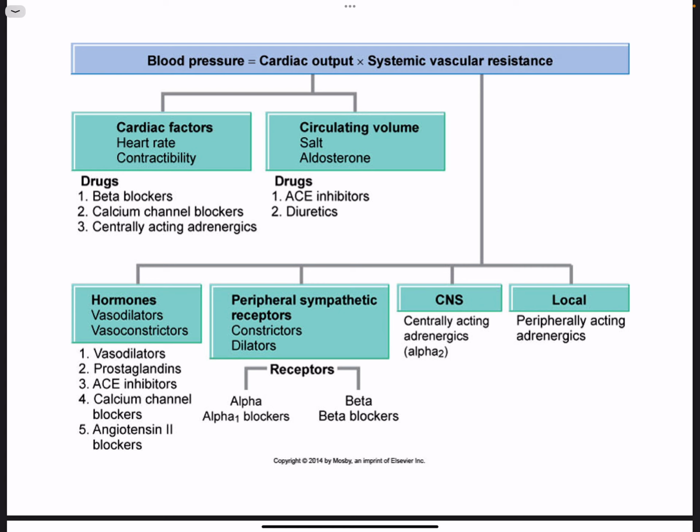Next is circulating volume. As we discussed, the amount of blood that is circulated is 5 liters. That is circulating in our body all the time. And 20% of the blood that is circulated in the body is present in which organ?